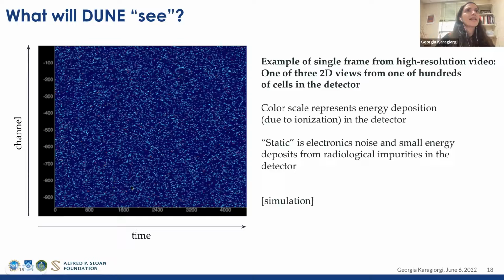And the color scale represents the energy deposition, which is proportional to ionization charge within the detector. And it looks like static. And this is primarily electronics noise and small energy deposits due to radiological impurities that exist within the liquid argon and spontaneously can radiologically decay, producing very small amounts of energy that then become visible in our detector.